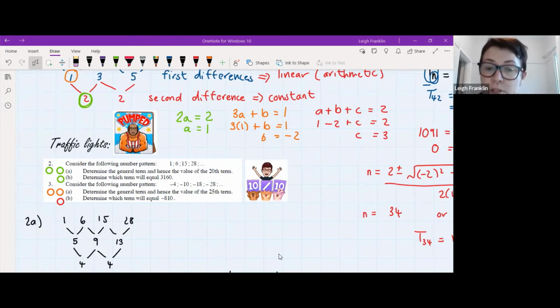Yes, absolutely. It's because that is a valid solution to the equation that's been asked. But the problem is that n can't be a negative number. It can't be negative 32 because our n numbers are our term numbers.